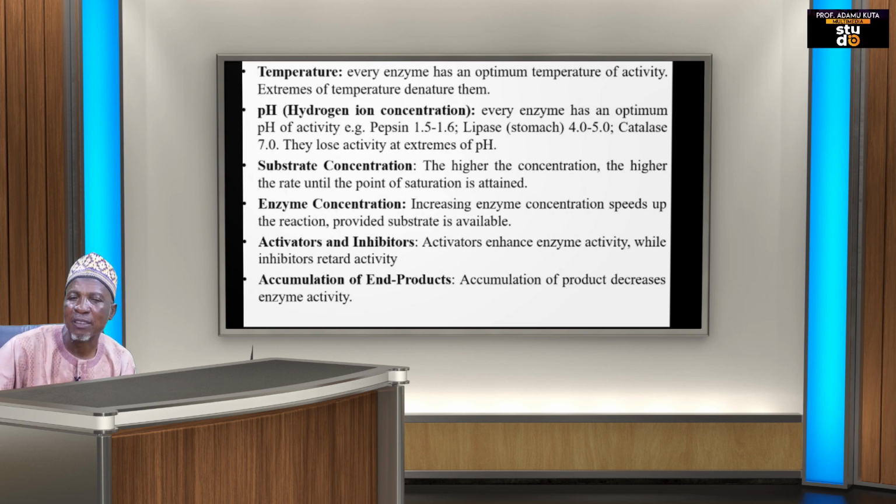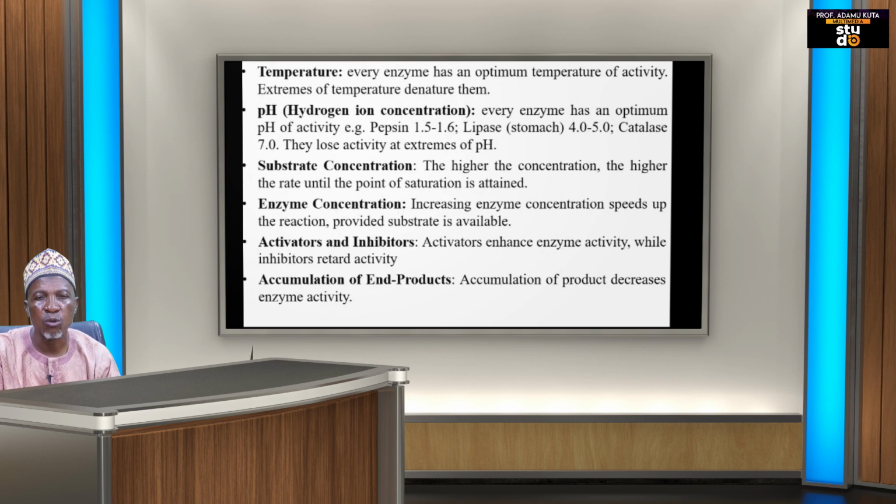Whatever the importance of a product, there is a threshold the concentration gets to, and then that product will, through feedback inhibition, tell the enzyme, no, there's enough in the cell, don't produce more. This also is one of those effects on enzymes.